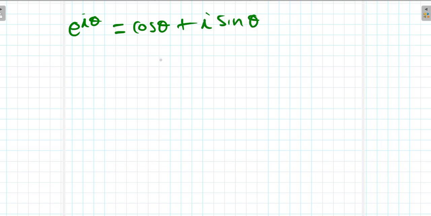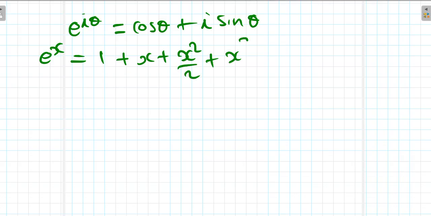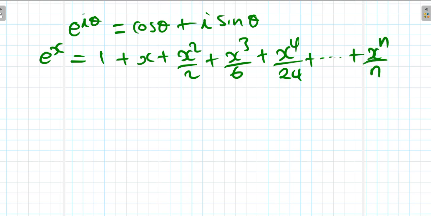For you to show this, basically what you do is define a Taylor expansion of the exponential function, which is given by 1 plus x plus x squared over 2 plus x cubed over 6 plus x to the power 4 over 24 plus and so on, up to x to the n over n factorial.